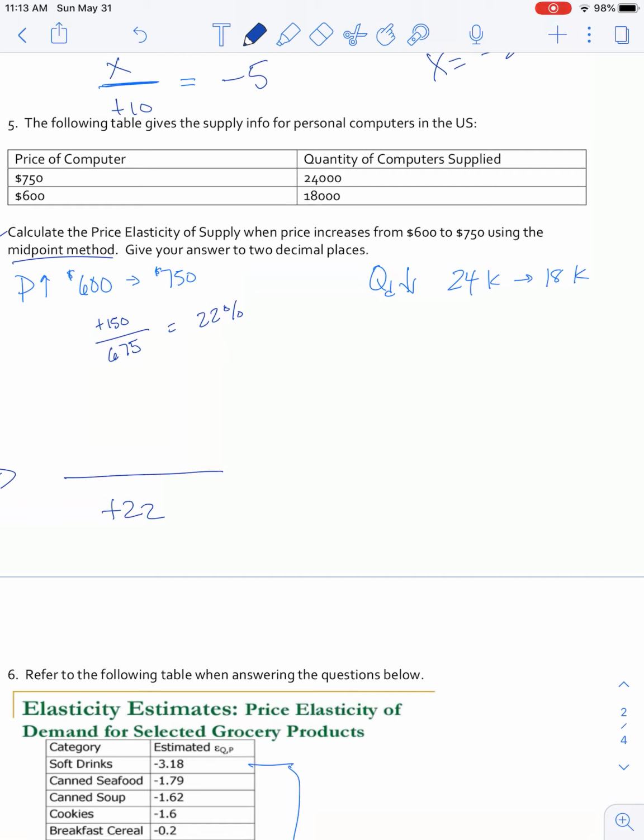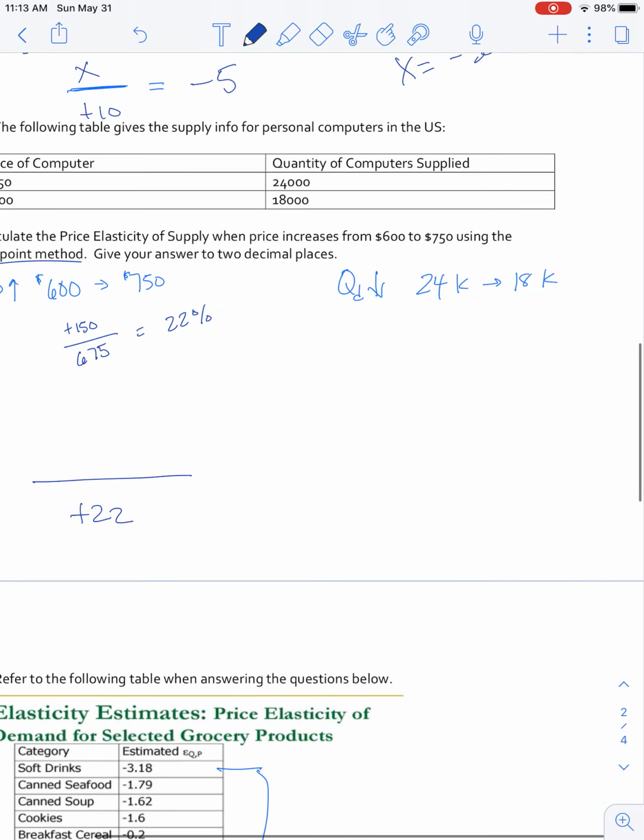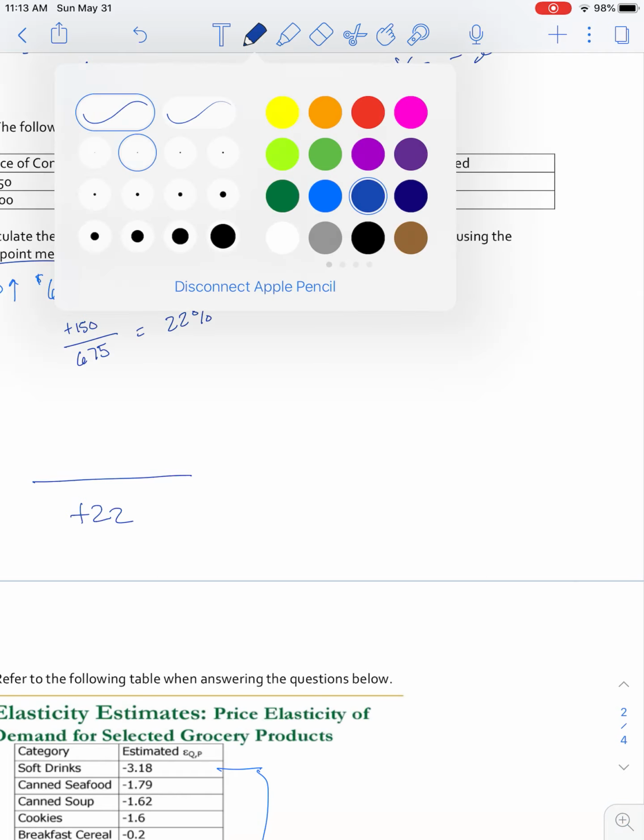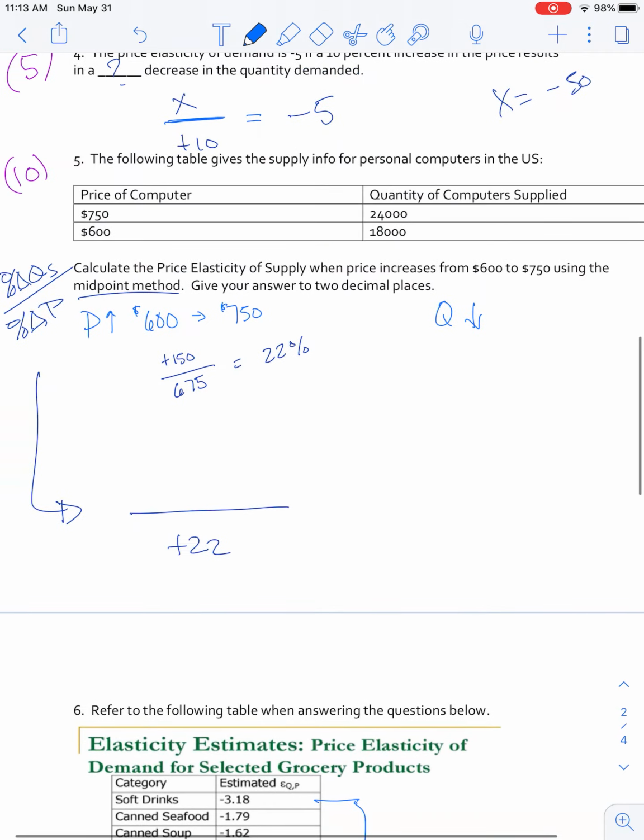I got sloppy there. Hang on. In my head when I was pre-drawing this, I was thinking quantity supplied. This is price elasticity of supply.